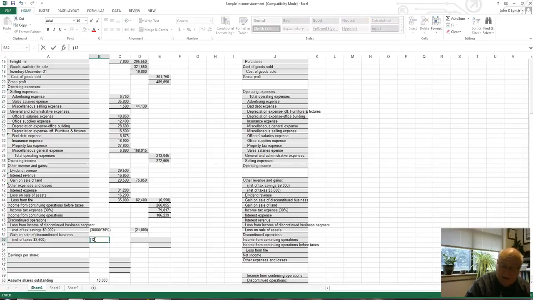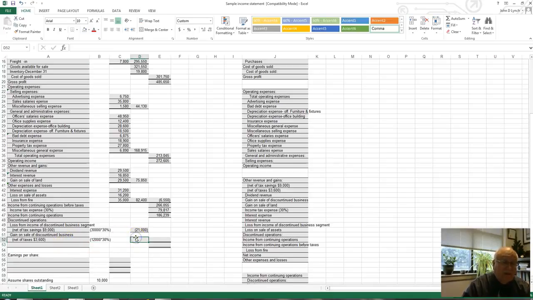So we would take the 12,000 times the 30% like we did before, and that's where the 3,600 came from. We would then take the 12,000 minus the 3,600, and that would give us a gain of 8,400. These are the two simply netted out. So it's minus 21,000 plus the 8,400, which gives us a minus 12,600.